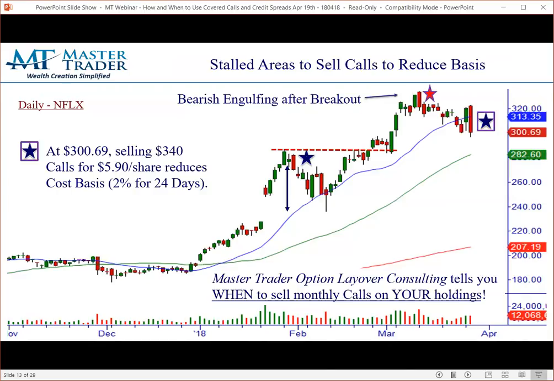And you're bringing in $5.90 a share. On a 10 lot, almost $6,000 goes into your account. 2% extra a month. That's just mind-boggling. You multiply 2% and annualize it, and that's 24%.